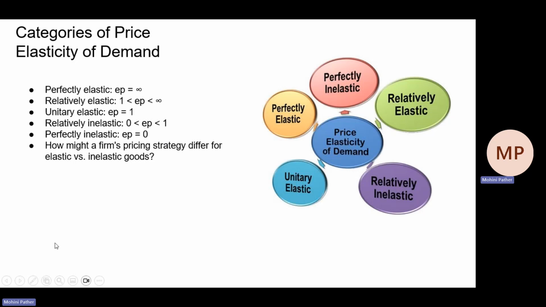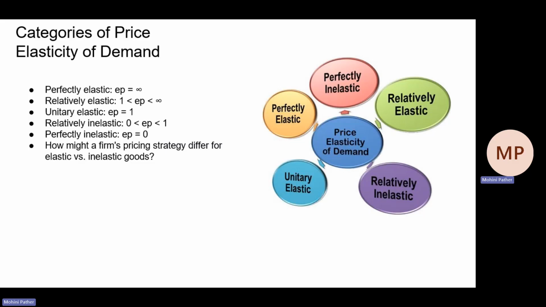So if you have a perfectly elastic market, that means that you have an infinitely high coefficient. That means that any minute increase in price will have a devastating impact on your market. You could also have a relatively elastic market.